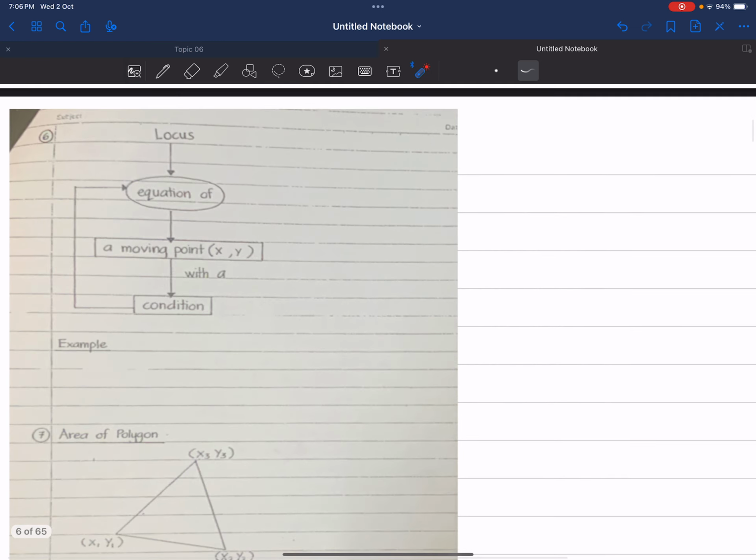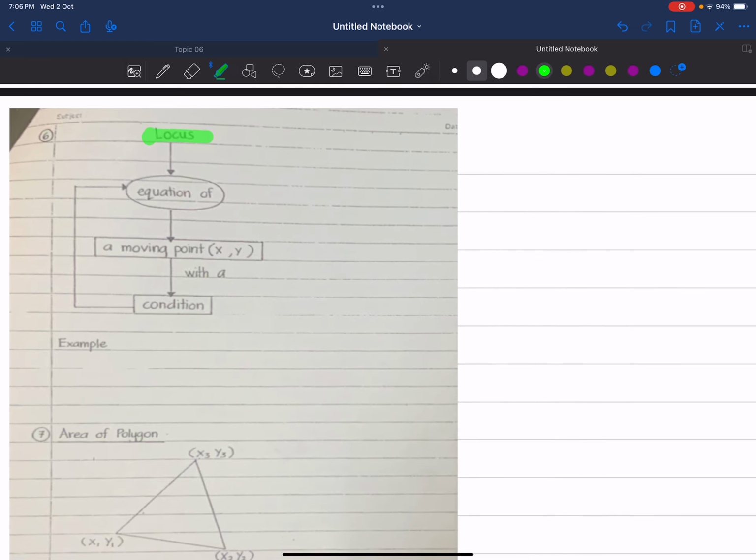Next, we go to locus. Locus is an equation, so finding the locus means finding the equation. Locus is the equation of a moving point, which you must label xy, and it moves with a condition.